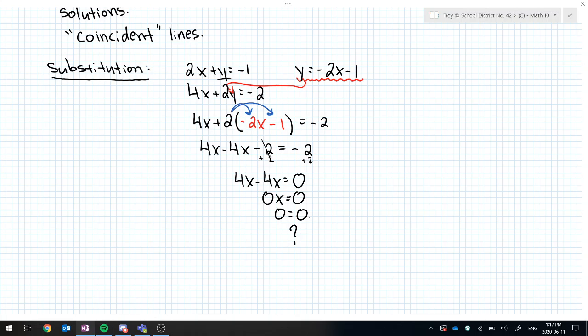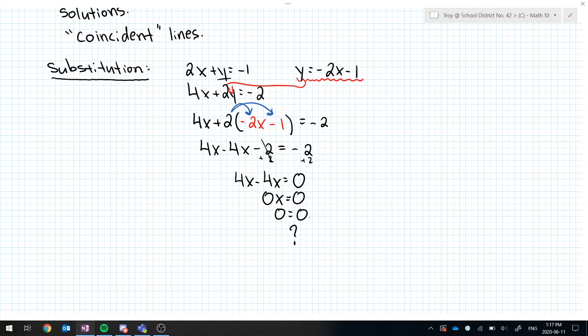If we're just given 2 equations, if we try to substitute or eliminate to solve them, if your variables get eliminated and you're left with a non-true statement, you know that those lines are parallel. If you try to substitute or eliminate 2 equations and the variables disappear, but you're left with a true statement, you know that those lines are coincident, which means that they have an infinite amount of solutions.